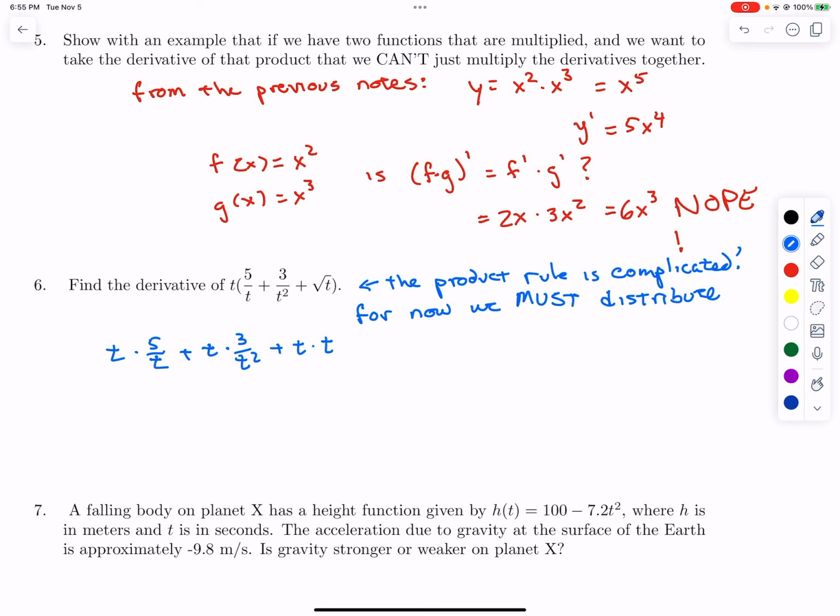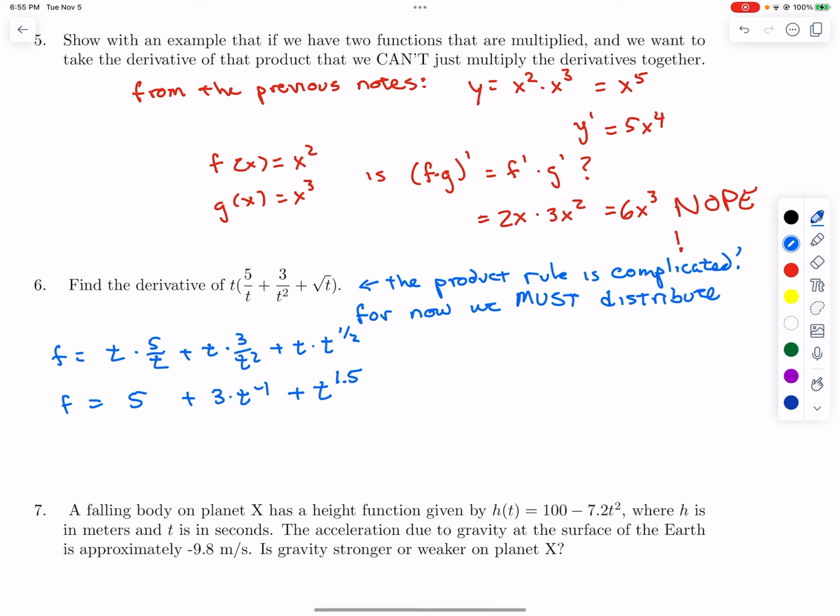I'm going to rewrite square root of t as t to the 1/2 so that I can combine the exponents. So this is my original function, and before I take the derivative, I still need to simplify it and write down negative exponents. 3 over t is 3t to the negative 1. And we add these two exponents. So, shall I call it f or y?